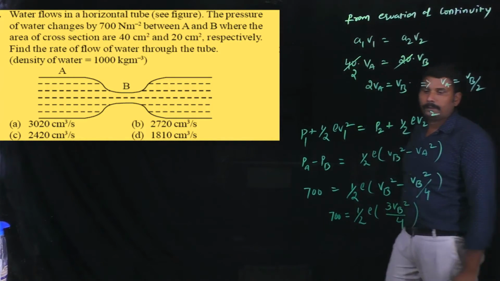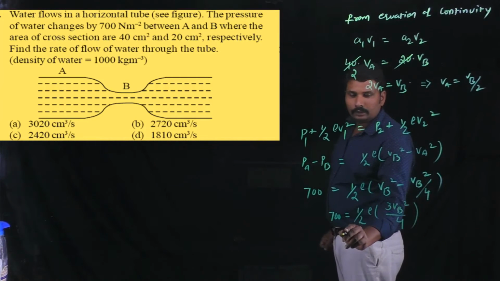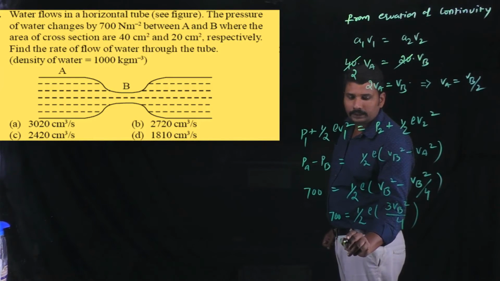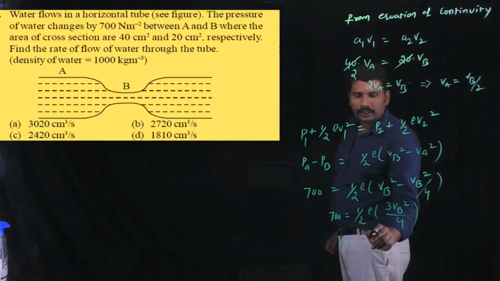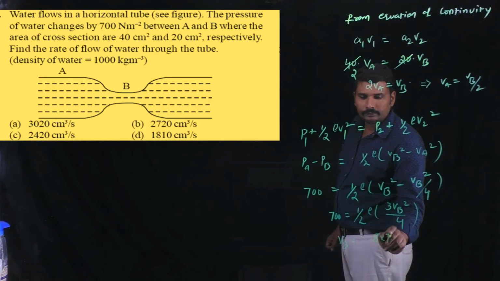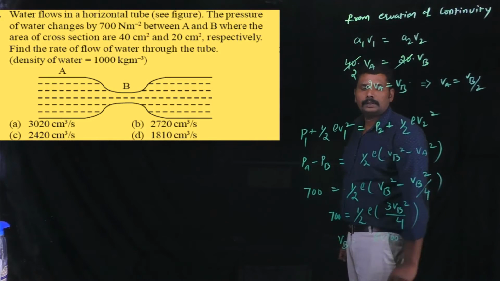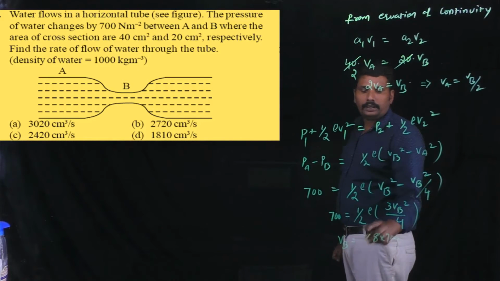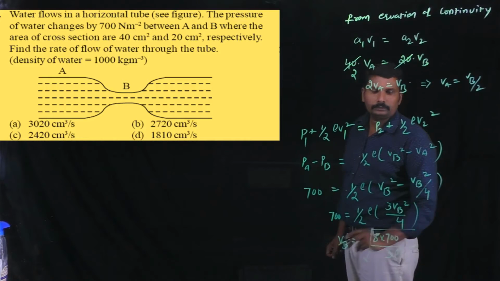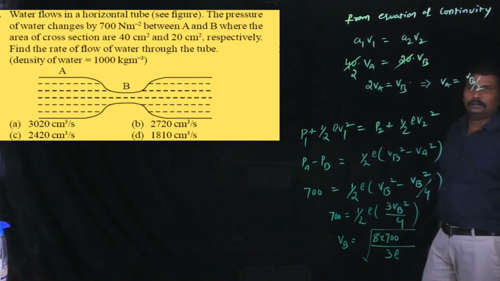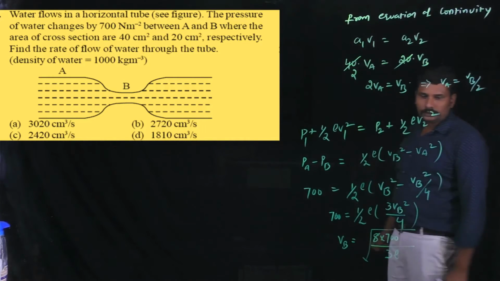By solving this, the value of VB is under root 8 into 700 by 3 rho. The value of the density is 1000.